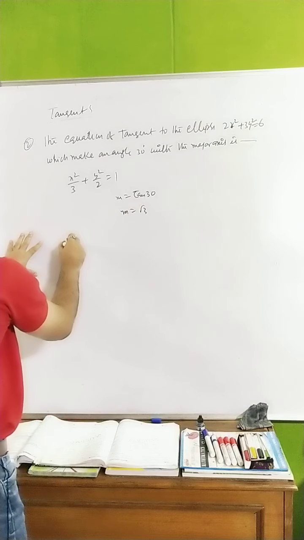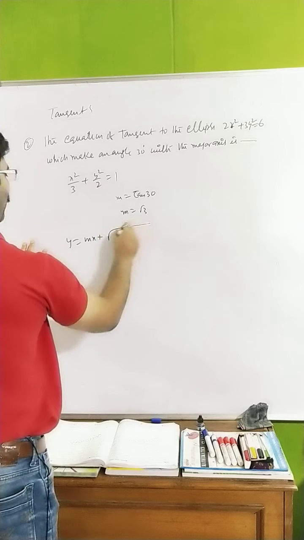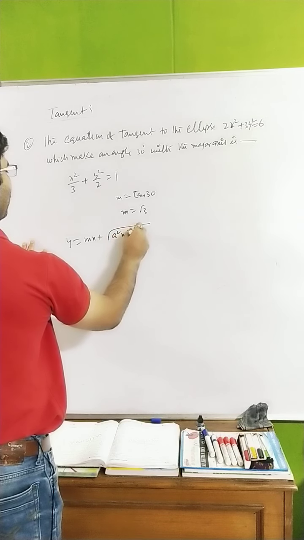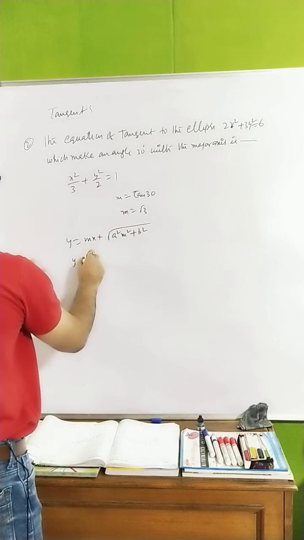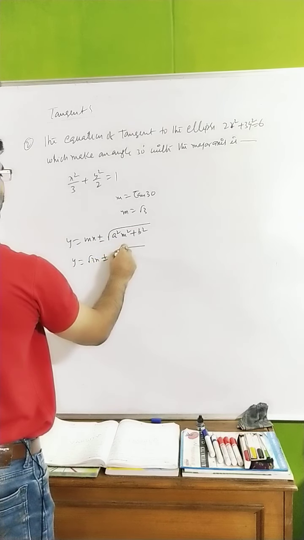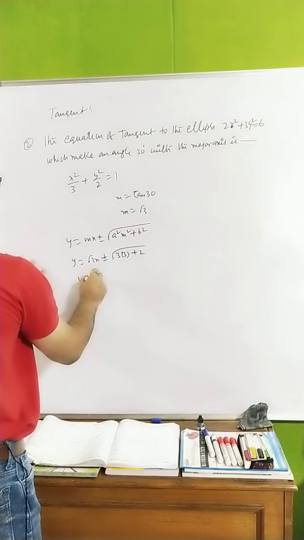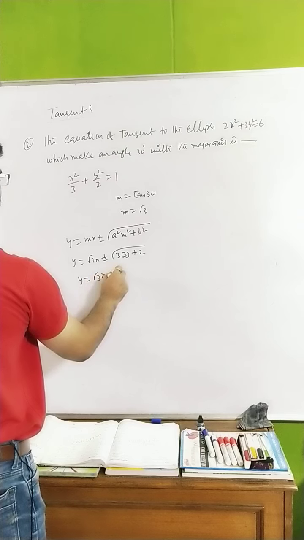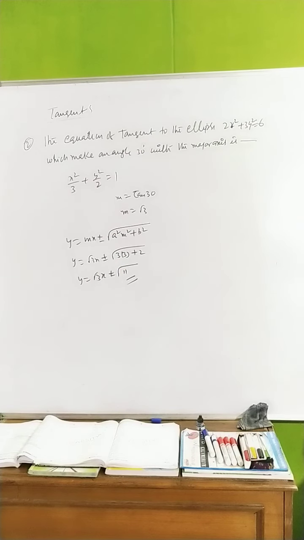We have the formula y is equal to mx plus or minus under root of a squared m squared plus b squared. So y is equal to root 3x plus or minus, of course, here a squared 3 into 3 plus 2. So y is equal to root 3x plus or minus root 11.